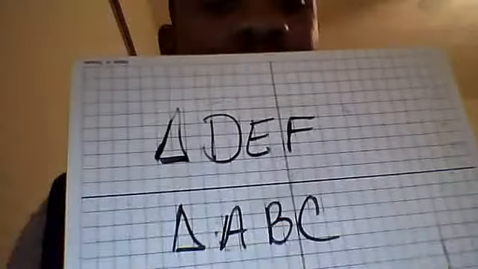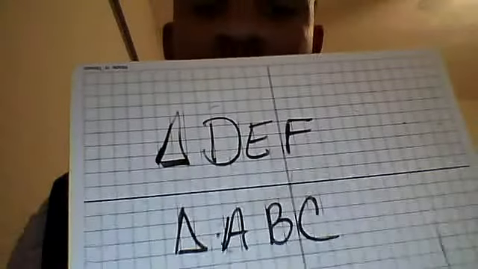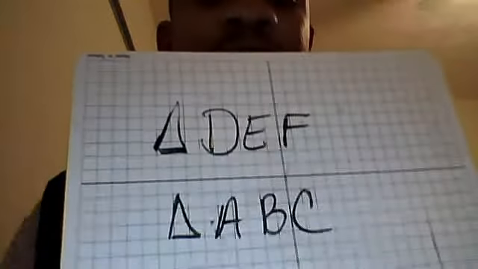Okay, if triangle DEF is congruent to triangle ABC, which angles are corresponding angles? So the corresponding angles are D and A, E and B, angle F and angle C. Then it says corresponding sides.